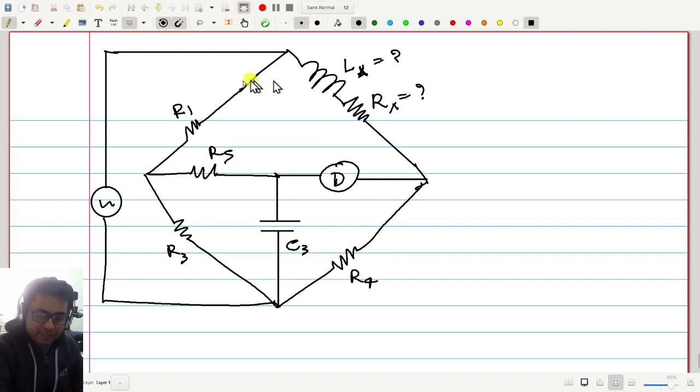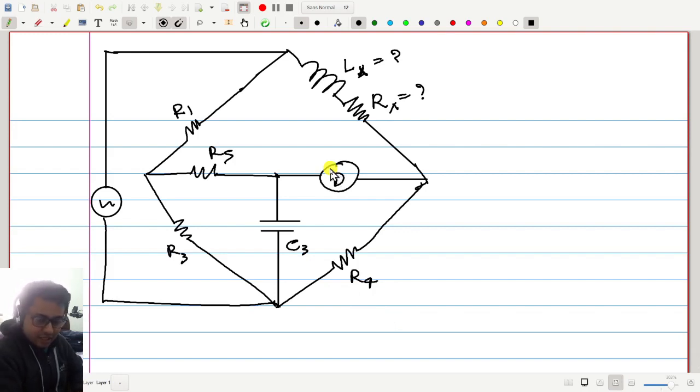So for some purpose, Anderson designed this bridge. To us it is peculiar, but it will be enough if we can at least find the balance equation.